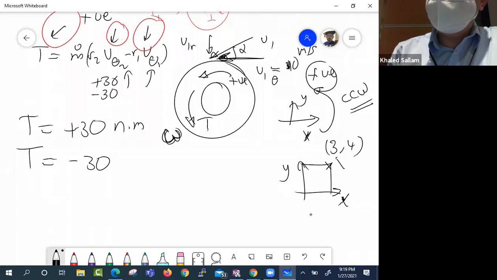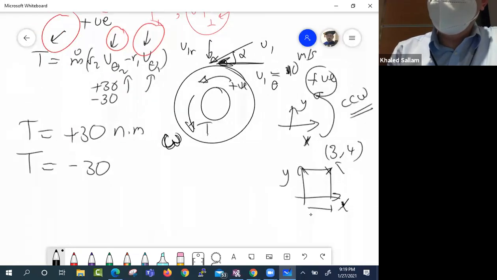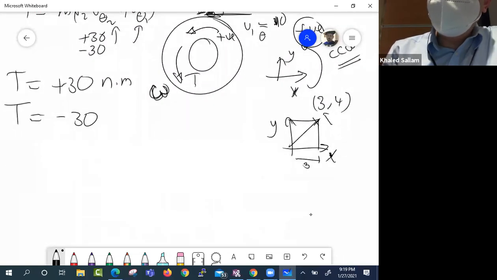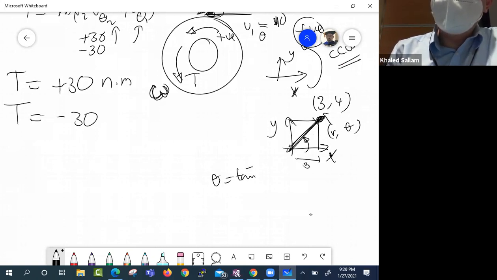The 3 is the X, and the Y is the 4, right? Well, we can also describe that point instead of 3 and 4 by R and theta. What is theta? Theta is tan inverse of 4 over 3. And what's R? The square root of 4 squared plus 3 squared, right?